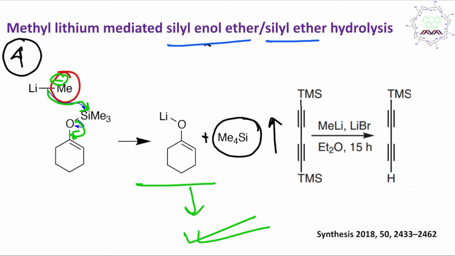So this is silyl enol ether. I have already discussed this enolate chemistry. Now let's discuss another interesting example, silyl ether hydrolysis using methyl lithium. What happens here? This is trimethylsilyl protected, and one part is an alkyne, meaning sp hybridized.